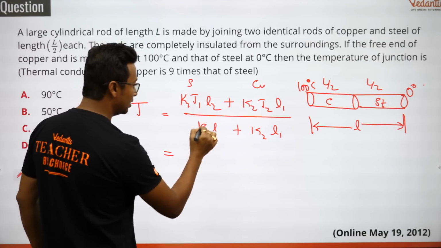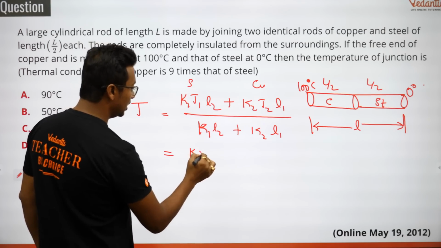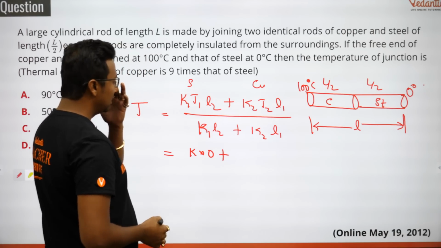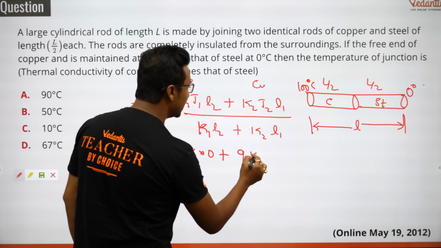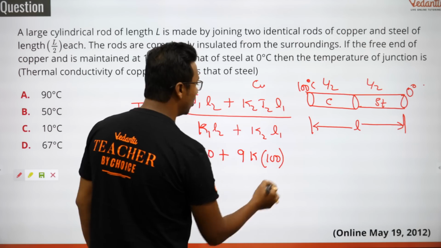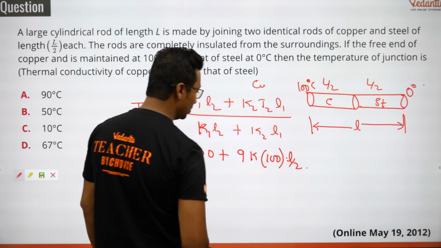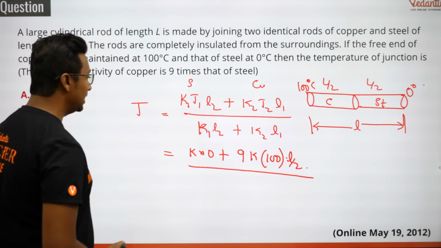K1 L2, so K into 0, 0 gone, plus, take care, we have this part as 9 times K into temperature 100. Length is L by 2, and this is divided by K1, that is K, L2 is again L by 2.